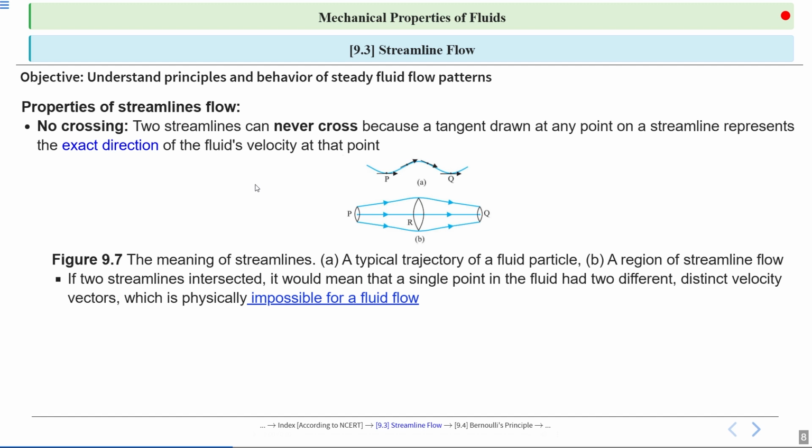That's physically impossible. Alright. So we can say two streamlines never cross each other. That's not possible for a fluid, because at any instant a particle can only move in one direction. So streamlines never cross. I hope this is clear.